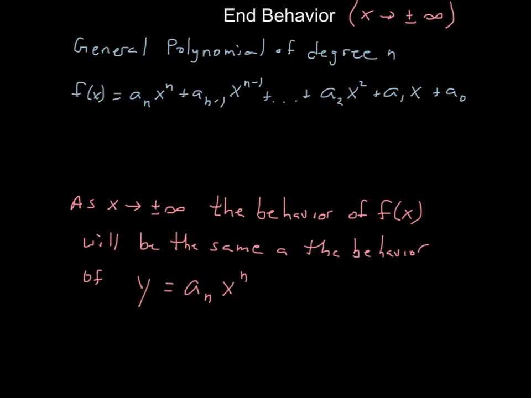So any polynomial f of x is going to have the same behavior as the power function a sub n x to the n, basically its highest degree term by itself.